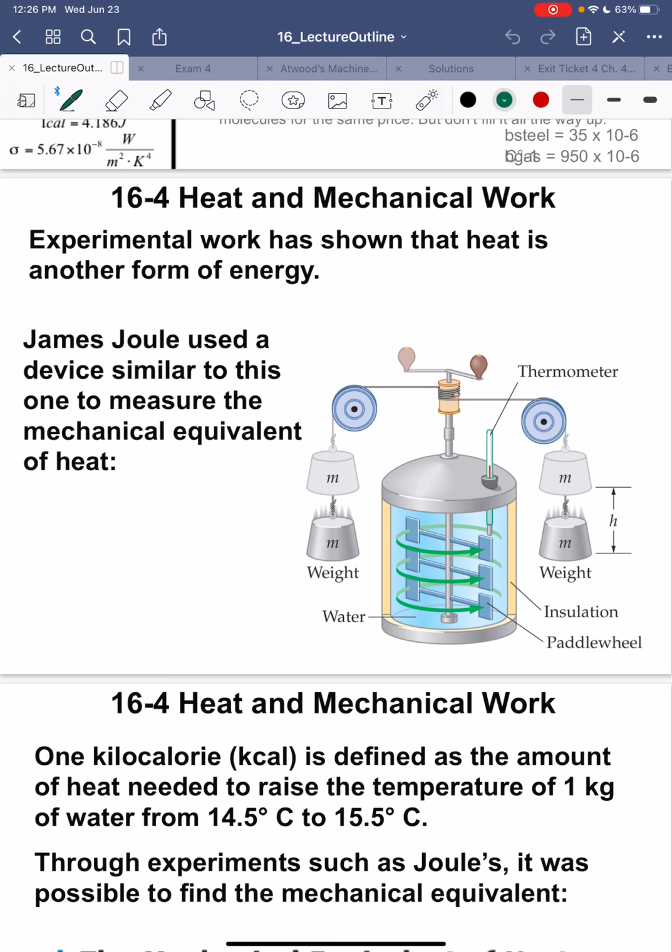Now, James Joule used a device similar to the one in the diagram to measure the mechanical equivalent of heat. He was able to find what the mechanical equivalent of heat really is. He did a calculation with how much heat was provided, how we can make that balance, and what weight was needed.